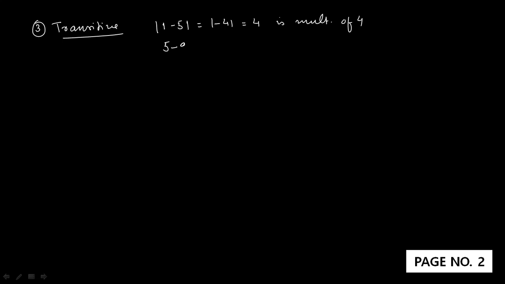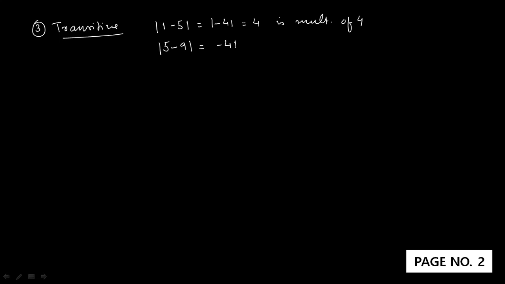Now what about the third characteristic? Third one is transitive. What about the transitive nature? If I am writing 1 minus 5, answer is equal to |minus 4| is equal to 4, which is a multiple of 4. What about 5 and 9?